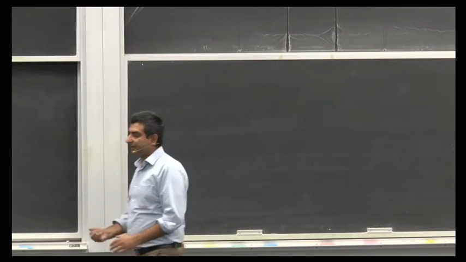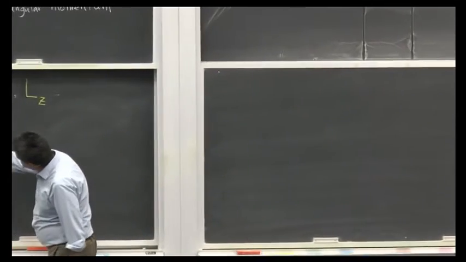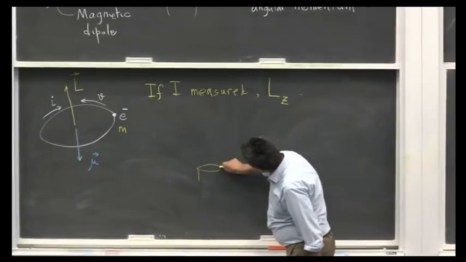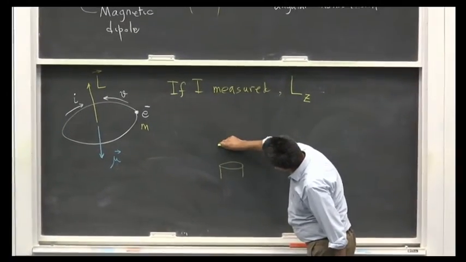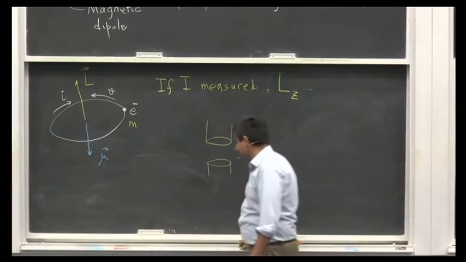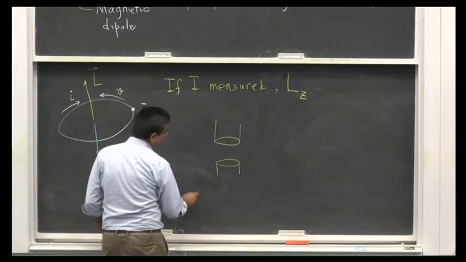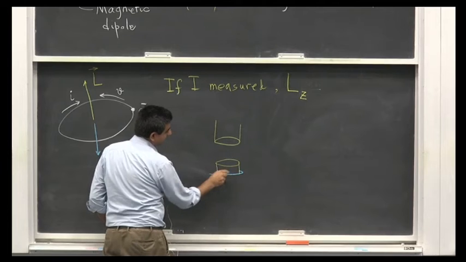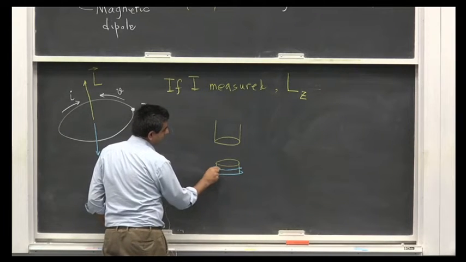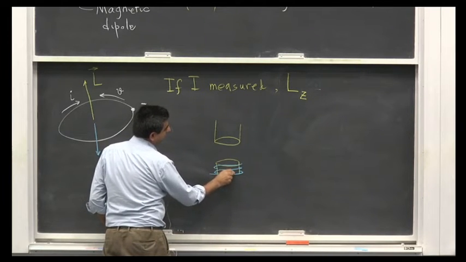So if I put a magnet like this, so I have a coil of wire, current is flowing through this coil.